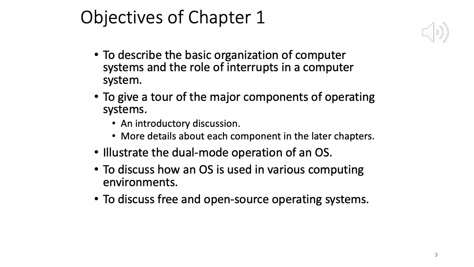Again, this is a very brief introduction to computer organization. Next objective is to give a tour of the major components of operating systems. What are the different parts, and we learn more about them. In this chapter, keep in mind that we will have only an introductory discussion, and in depth, all the concepts are going to be covered in the later chapters.